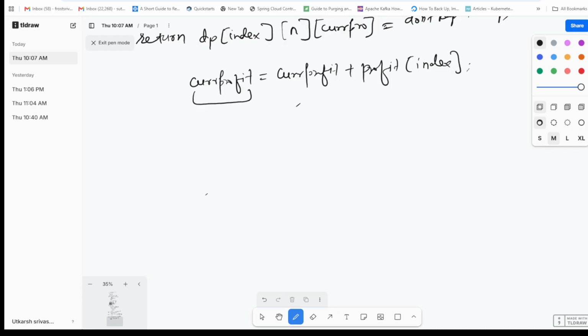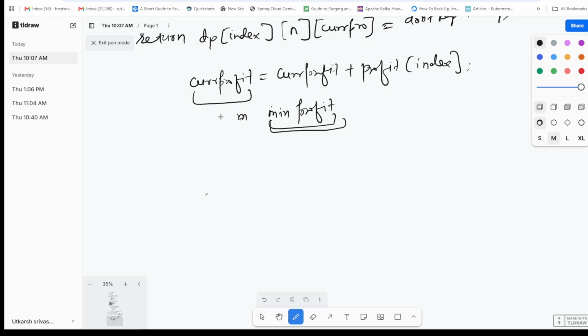Because see what we require, the current profit is not used anywhere. It is used only for one purpose, to check whether it crosses the min profit at the end. So once this current profit crosses the min profit, we can directly store that instead of the current profit.